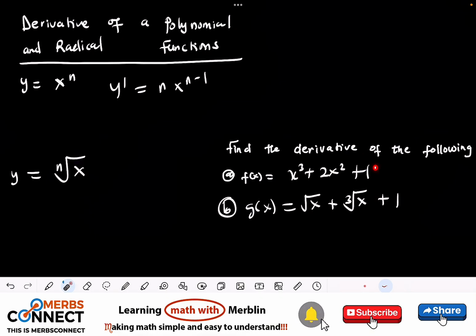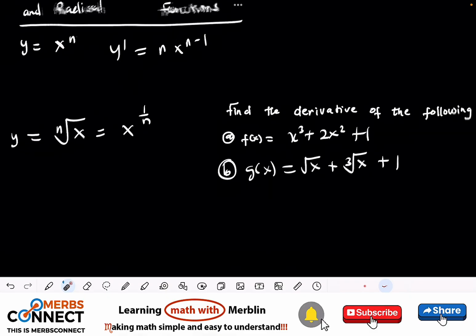The example that we have here is a polynomial function of degree 3, so all we need to do is apply the power rule to differentiate this. For the radical, this can be written as x to the power 1 over n, which takes the form of a polynomial function, but not a polynomial function because the exponent is not a whole number, it's a fraction.